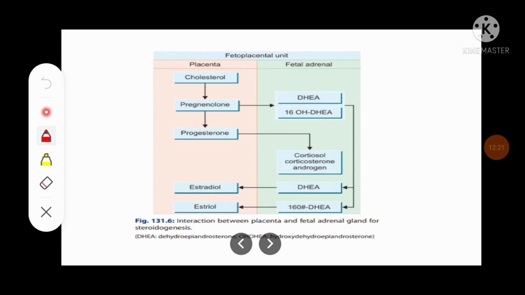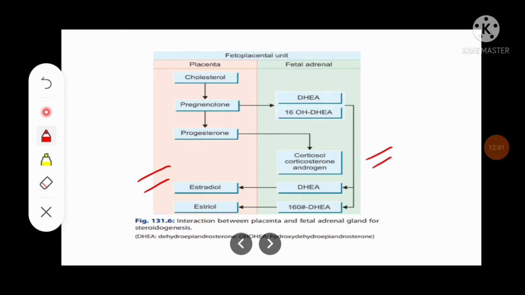So, the fetoplacental unit. Some of the substances are not produced by the placenta, and some of the substances or hormones cannot be produced by the fetus. So there will be an exchange of substances which helps in the formation of these substances.